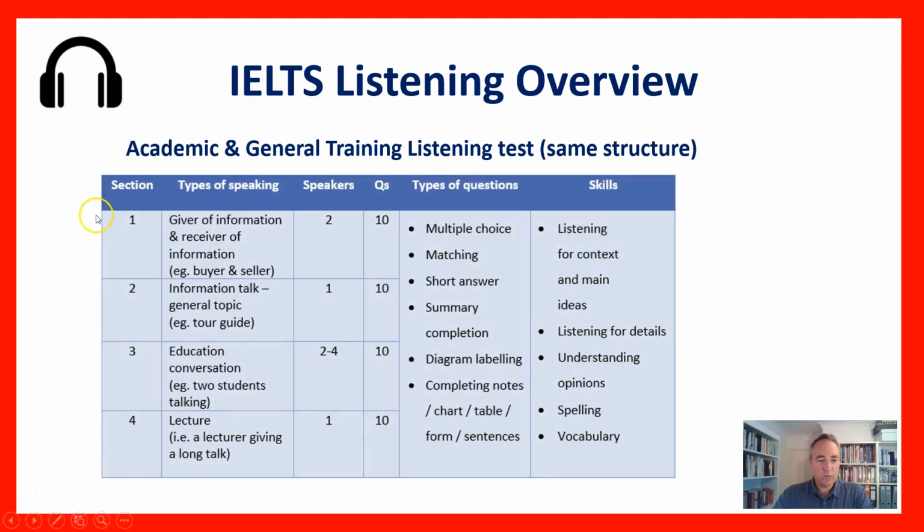So how does it look? Well, there are 4 different sections of the listening test. And in the first section, you have a person who is giving information and you have someone who's receiving information. So you have 2 speakers, and these 2 speakers will be interacting in some way. So often you have a buyer and a seller, or you might have somebody who's calling up to make a booking and somebody who's making the reservation for them.